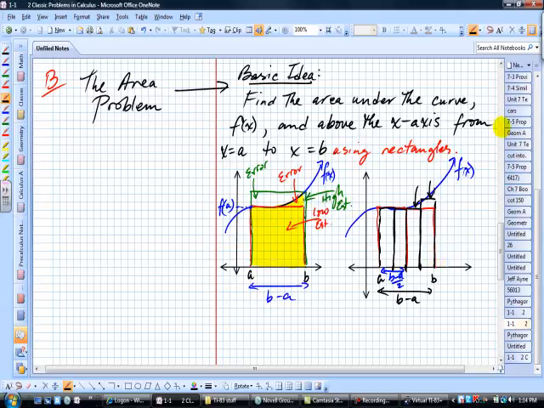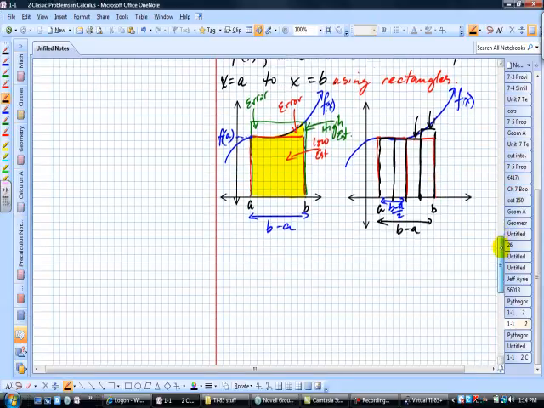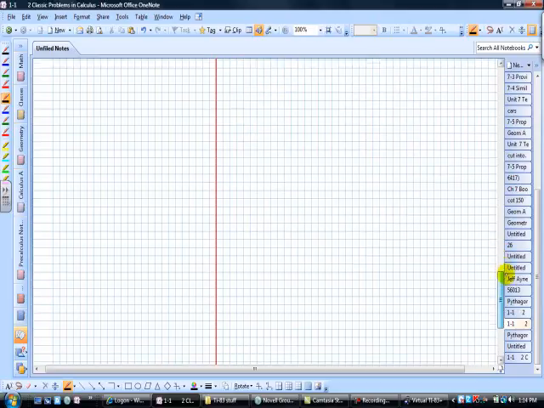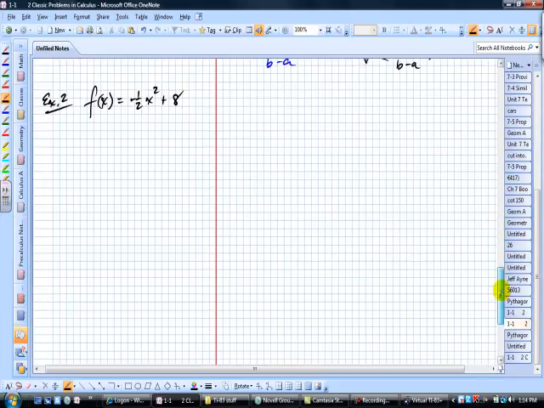Pretty cool. All right, so let's take an actual example here, and then go for it. Let's use the previous function. Given f of x is equal to negative 1/2 x squared plus 8. Let me write the word given.